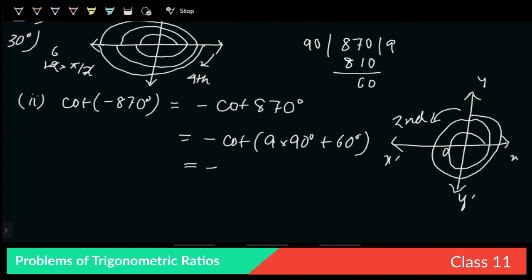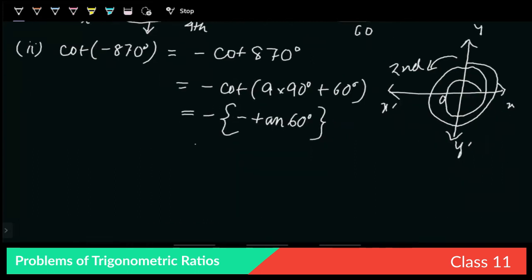So in second quadrant, only sine and cosec are positive, other ratios are negative. Since the coefficient of 90 is 9, an odd number, cot will change to tan and it will have a minus before. So minus of minus tan 60 degree. Minus minus will give us positive, so it is tan 60 degrees.